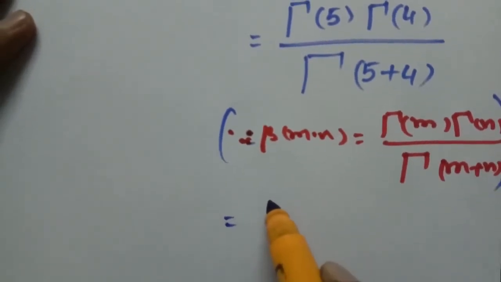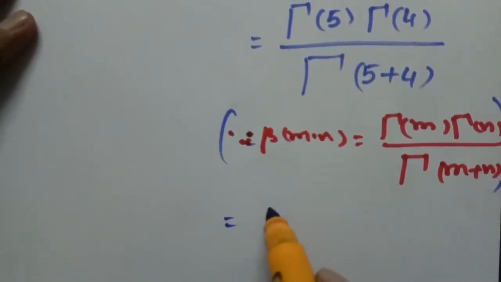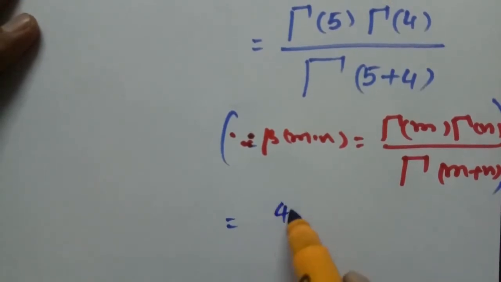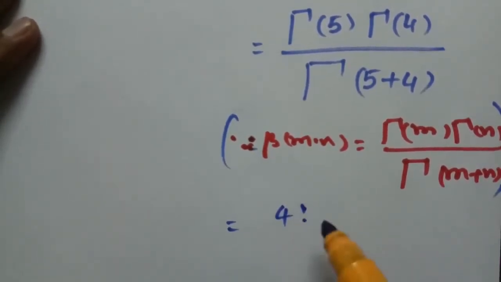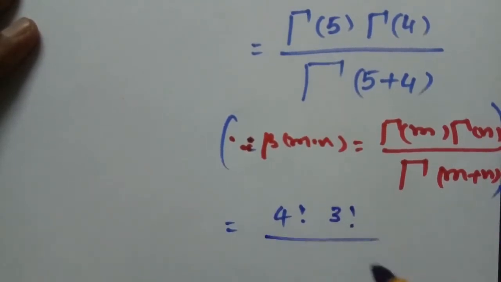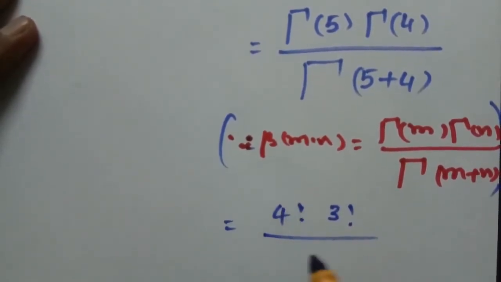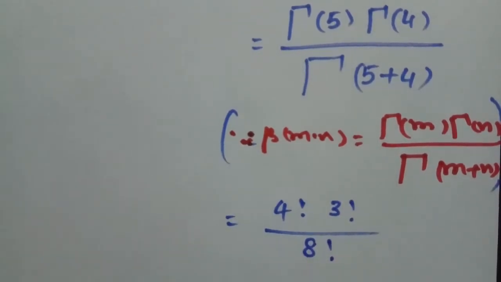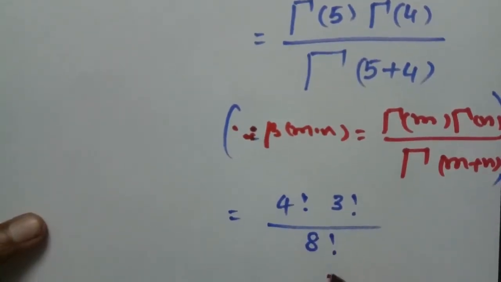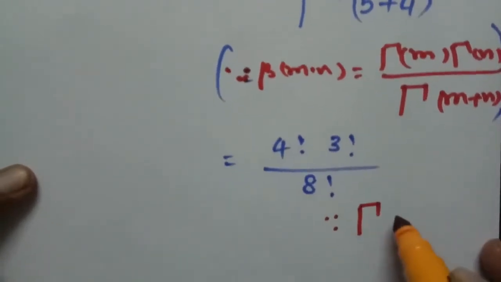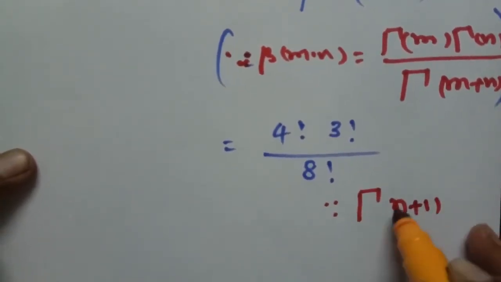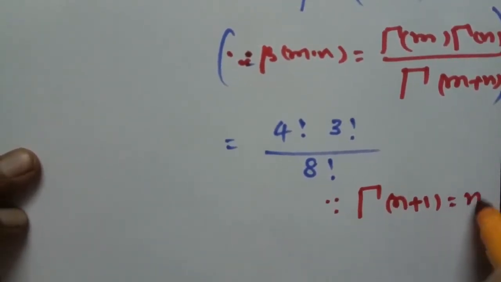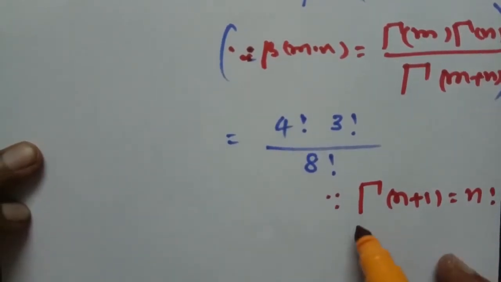gamma 5, that is equal to 4 factorial, into gamma 4, which is 3 factorial, by gamma 9, which is 8 factorial, since gamma n plus 1 is equal to n factorial if n is an integer.